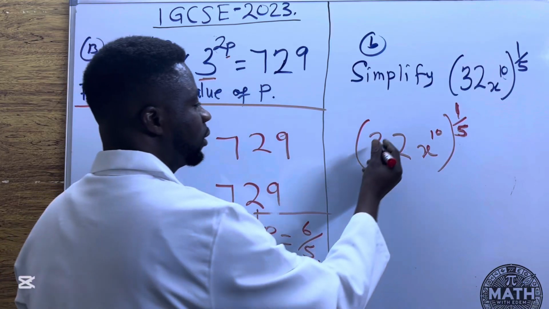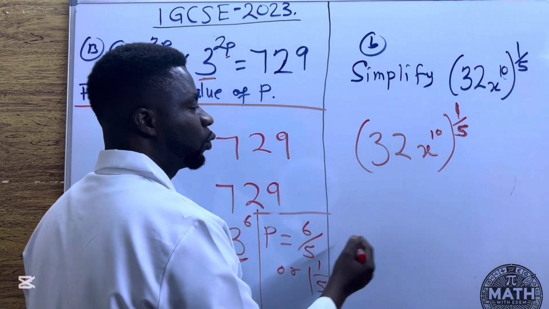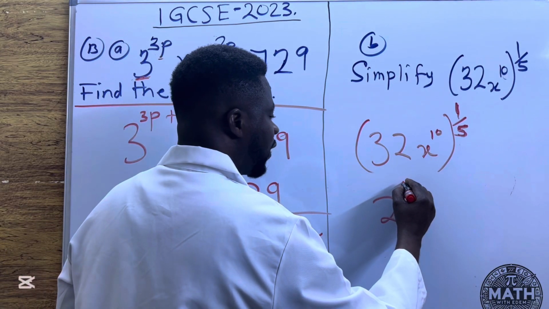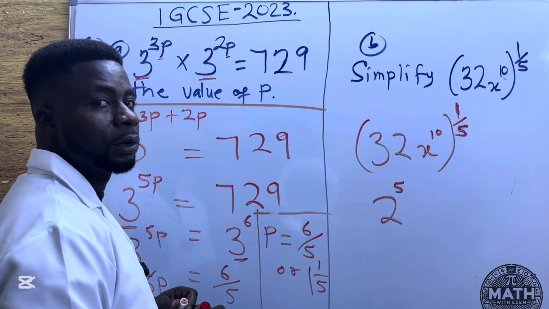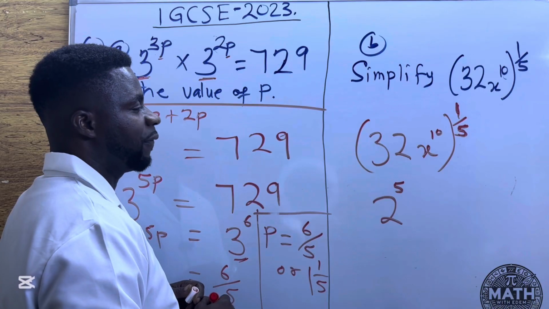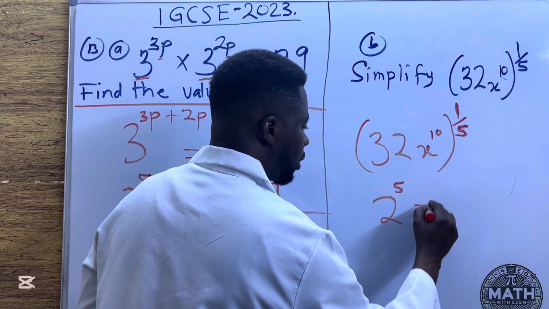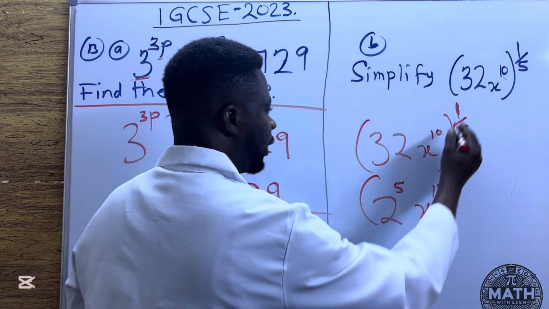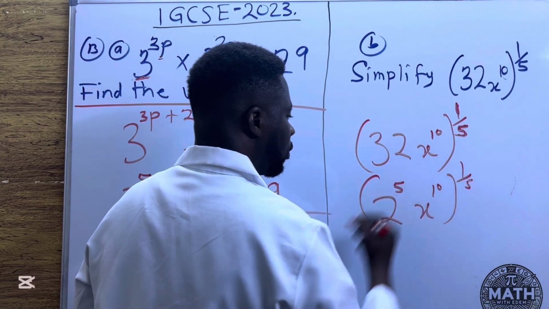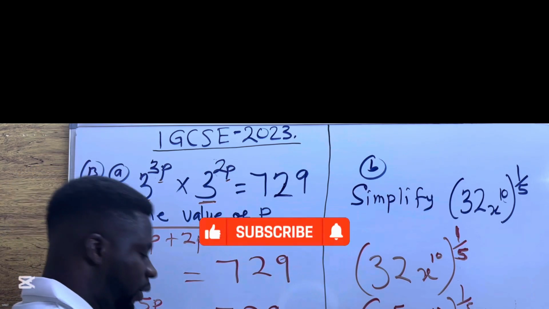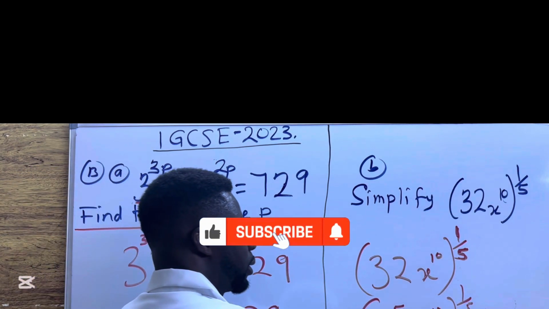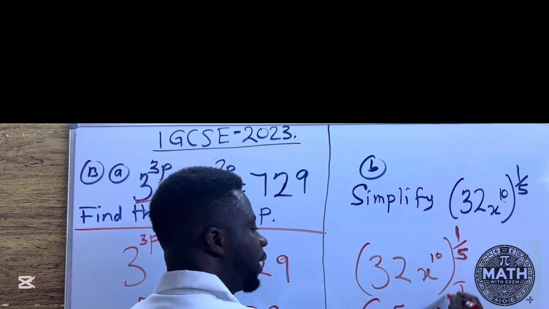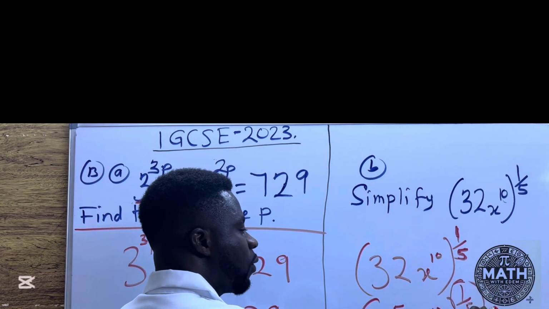So we'll be having, instead of 32, let's write 2 to the power 5. Okay, 2 to the power 5, x to the power 10, into bracket 1/5.